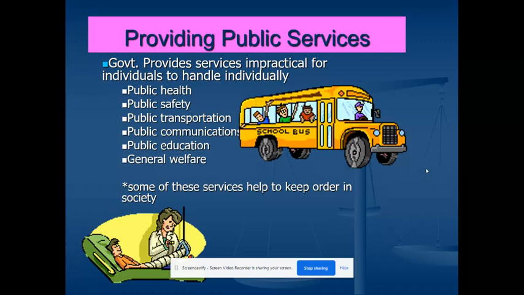Parks and the post office and roads, other transportation methods, trains and buses, those are all methods of providing services to people. General welfare is not just talking about welfare, although that is a public service, but it's things like Social Security and healthcare subsidies for people who might need insurance coverage.